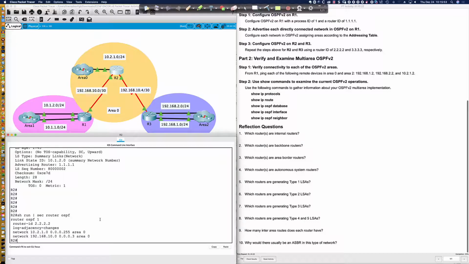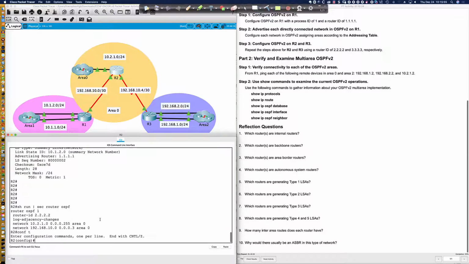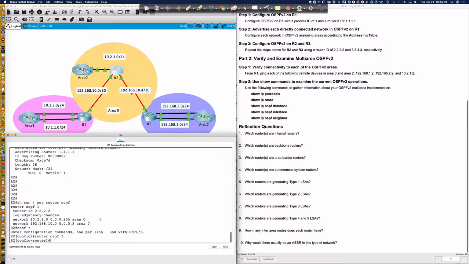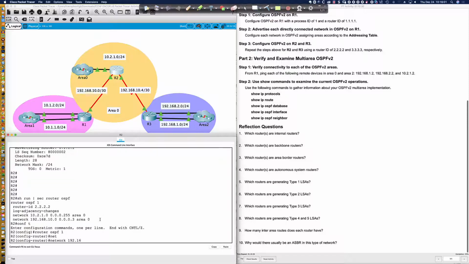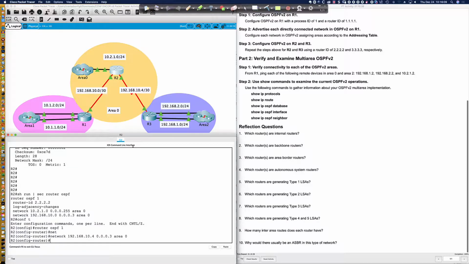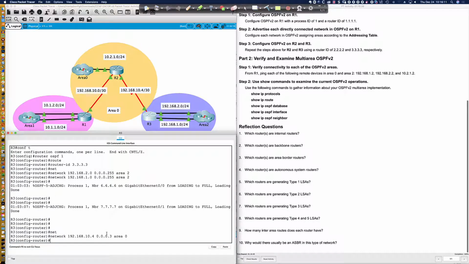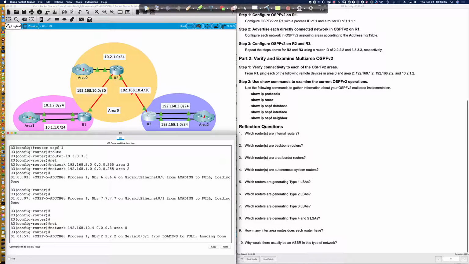I'm thinking I had left off a statement, and I did, because we should have seen it before then. So router OSPF 1, and we need a network statement in there for the 192.168.10.4, and now we will see on router 3 here, within a few seconds, an adjacency pop up, and there it is. And who's my new neighbor? My new neighbor is router 2.